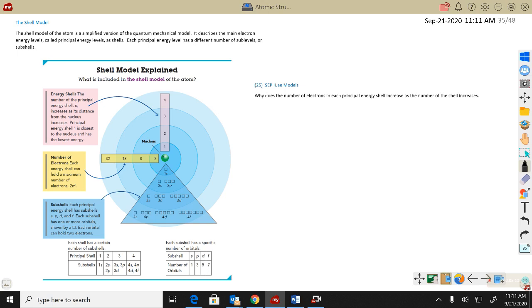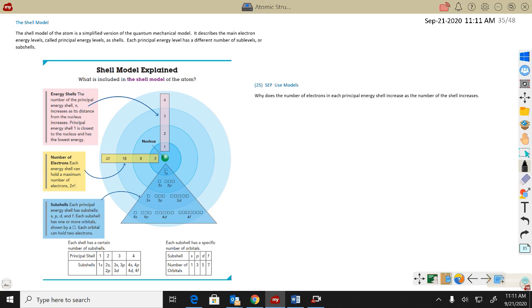Okay, so the shell model of the atom is a simplified version of this quantum mechanical model that has lots of crazy mathematics and probability, and we're going to try to boil that down and make it manageable and understandable. It describes the main electron energy levels, and they're called principal energy levels, and some people still call them shells, but I do call these energy levels.